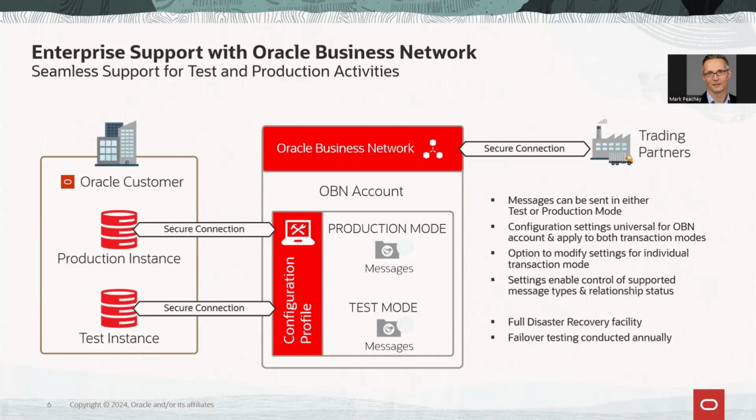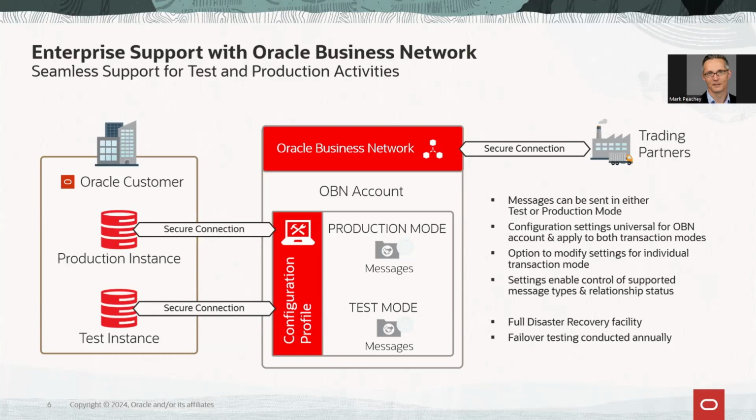But I guess the key point here is that once you have set up your account, and you have connected your production instance and connected your test instance, you can then exchange documents with the trading partners that you're working with. Anything that gets sent through the test mode goes to the supplier's test environment, and anything they send back from that environment comes back into your test environment.